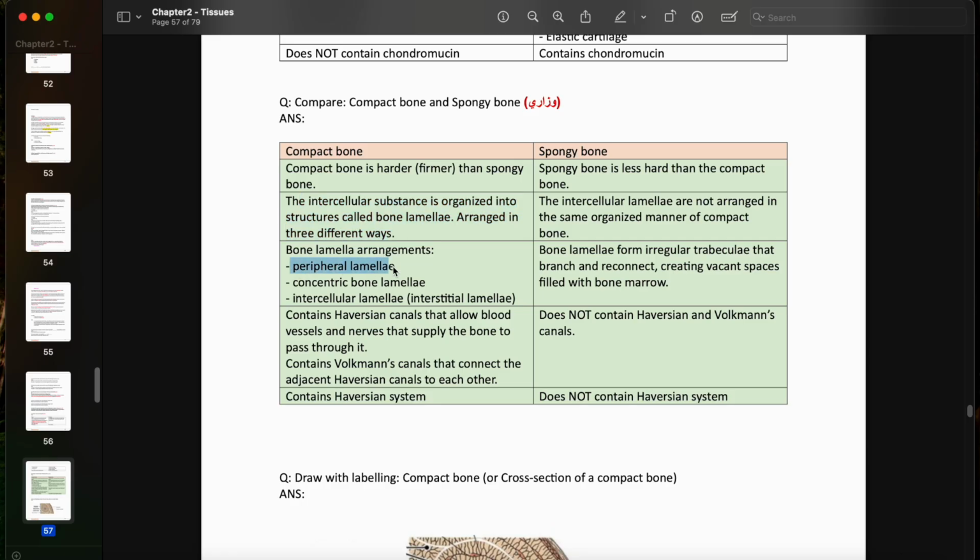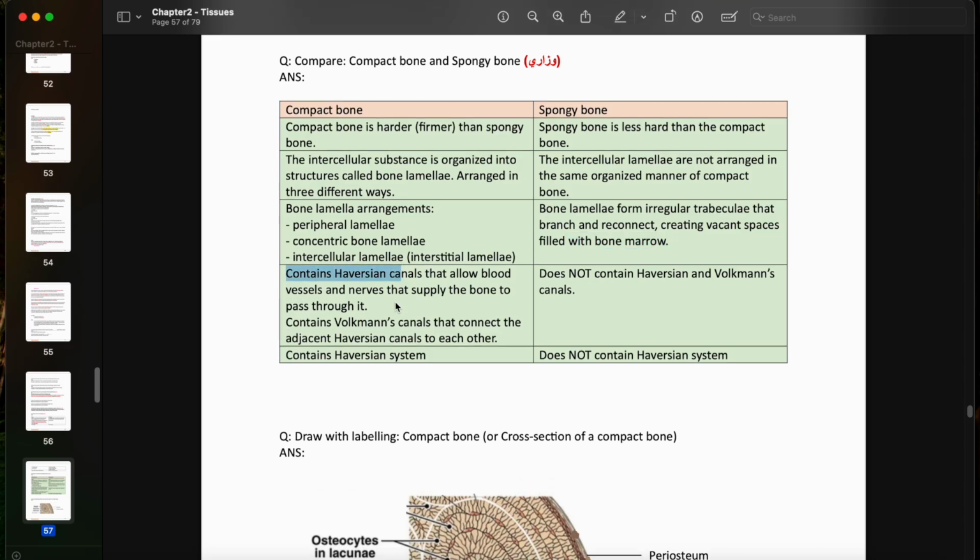The arrangements are peripheral lamellae, concentric bone lamellae, and the interstitial or the intercellular lamellae. But in the spongy bone, the lamellae are not arranged in the same organized manner as compact bone. We said that they're irregular trabeculae that branch and reconnect, and they create vacant spaces filled with bone marrow.